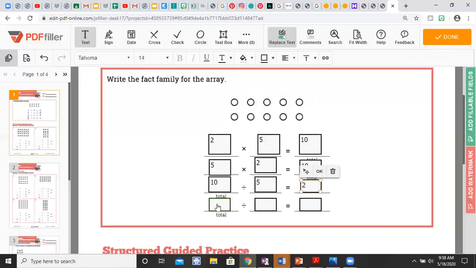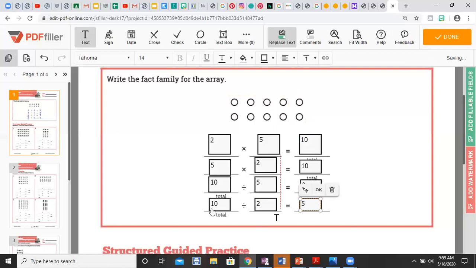Here I'll do the same thing where my total is equal to 10. And this time I'm going to divide it by 2. So here's a group, 1 row, another row. And in each group there is 1, 2, 3, 4, 5.